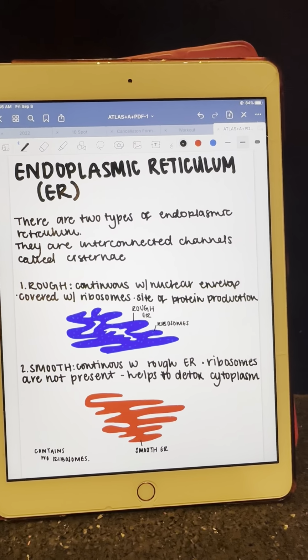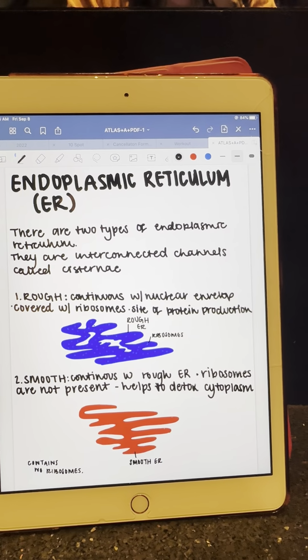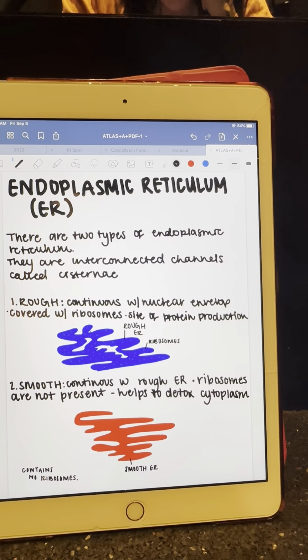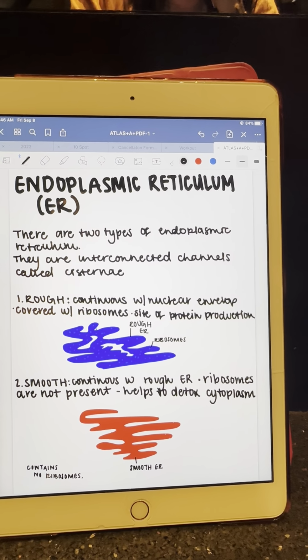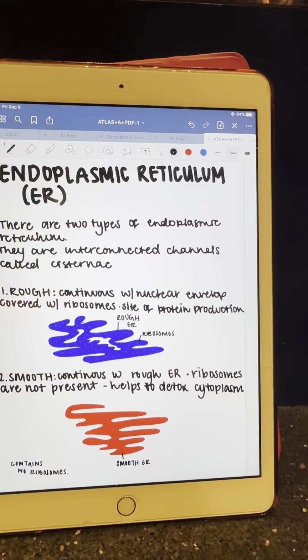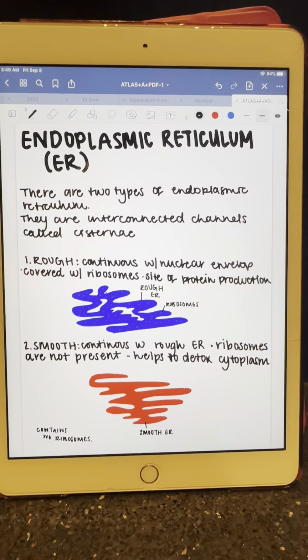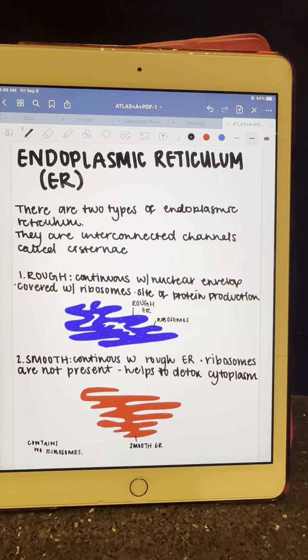So the endoplasmic reticulum is another organelle, and there are two types of this organelle, and they are interconnected channels. There is a rough endoplasmic reticulum, which contains ribosomes, which is what gives it the specific characteristic of being the rough ER, and it's continuous with the nuclear envelope.